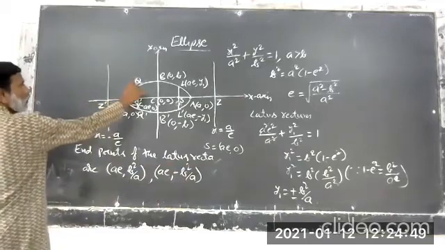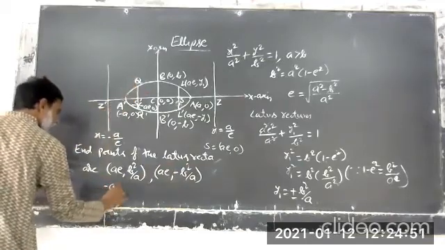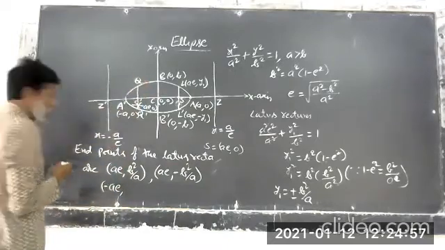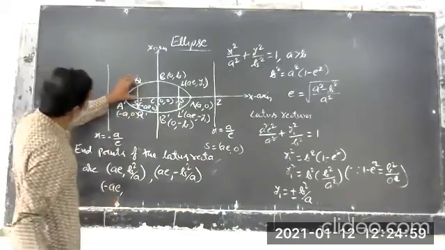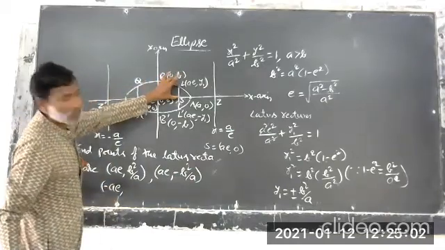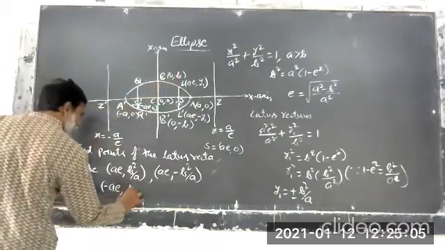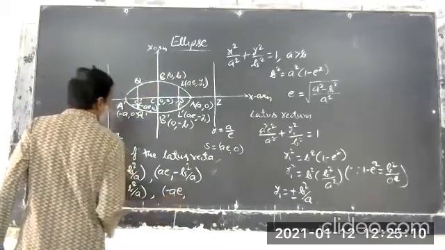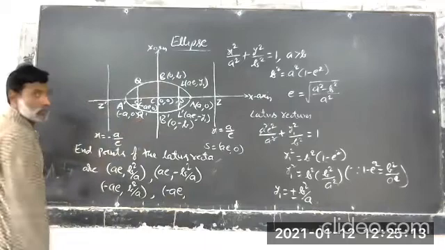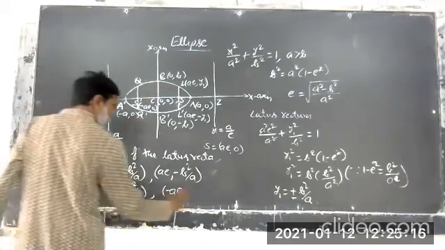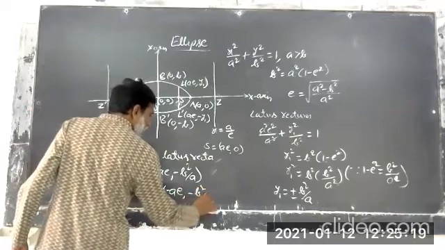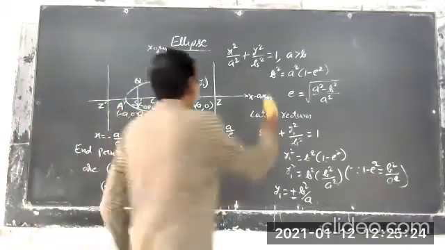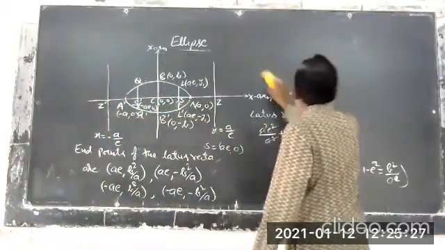The third one is Q, which will be (minus AE, b square by a), since this length will be the same as that length because they are symmetric. And Q dash is in the third quadrant, so both coordinates are negative: (minus AE, minus b square by a). So this is about the endpoints of the latus rectum.